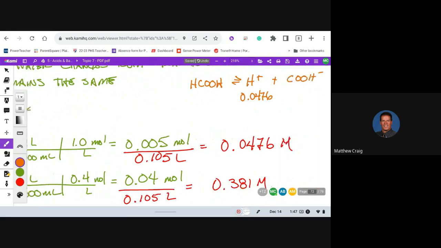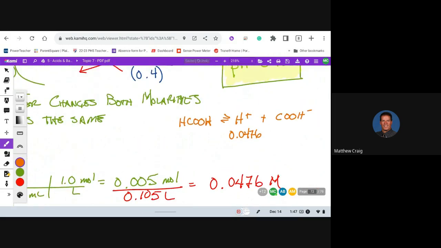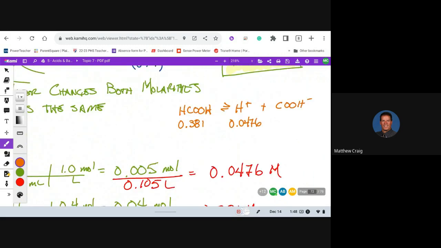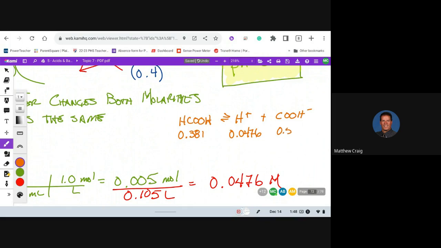Yeah. So 0.381 and 0.571. All right. So what do we do here? Good. So we're going to subtract by the hydrogen. Thank goodness it's smaller. So it goes to 0 and then reestablishes its equilibrium. We'll find out what that concentration is here in a second. And then we'll add it to this side.